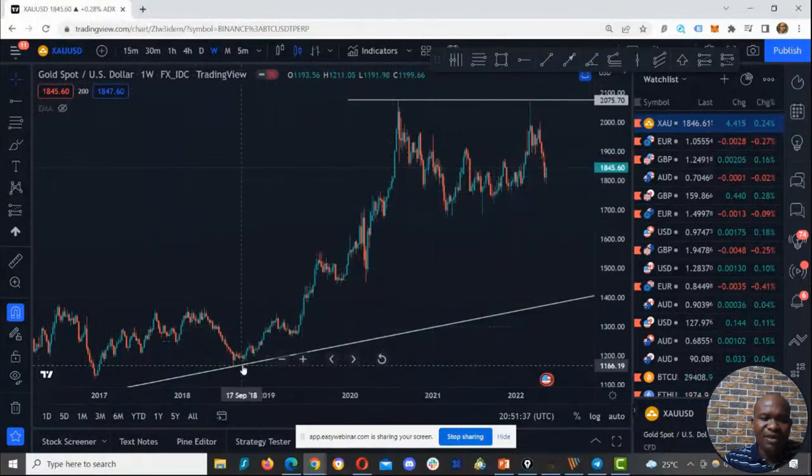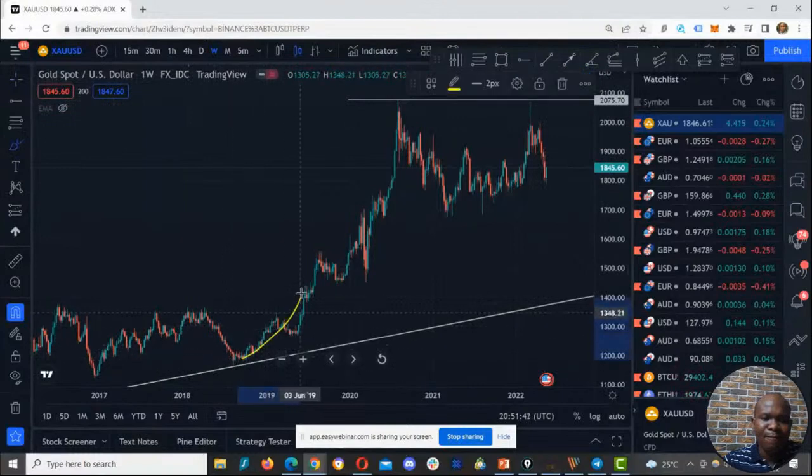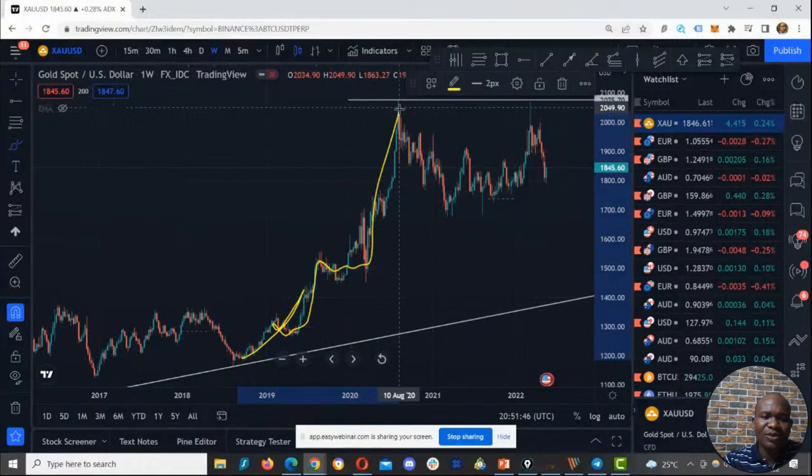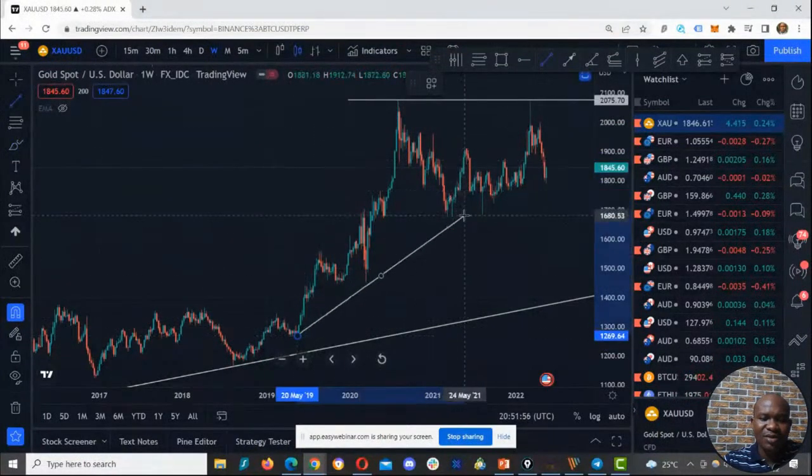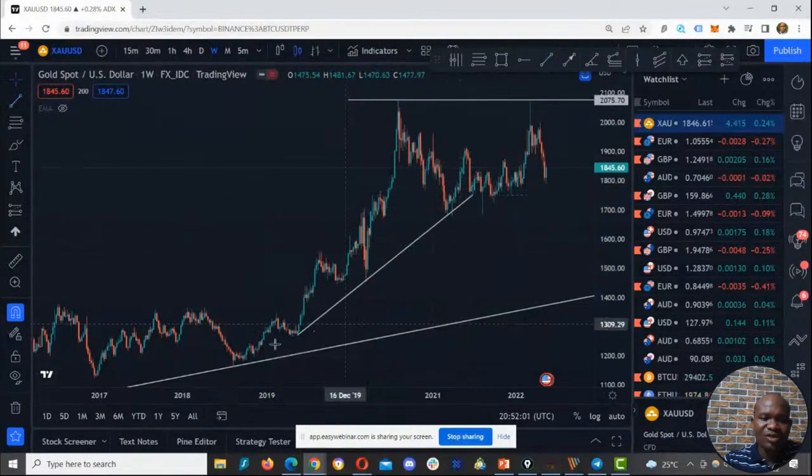So we have this impulse, correction, impulse, correction, impulse. Okay, so now you can comfortably put your trend at this point. Let me use this permanent. This is our trend, guys. This is a trend because we have this move, we correct here, and we have this move.